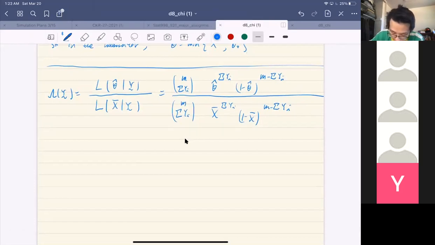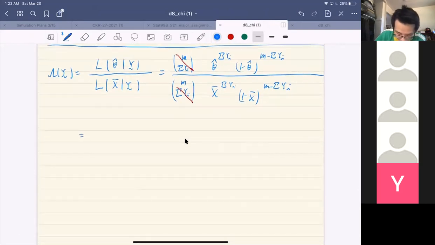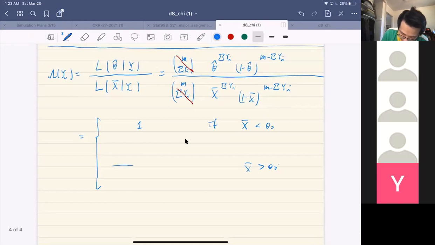Now we can cancel these two terms, and you can realize this is equal to 1 if S bar is smaller than theta zero. But if S bar is greater than theta zero, it will be like this, in terms of theta zero and S bar.